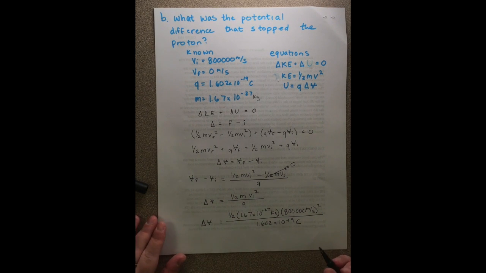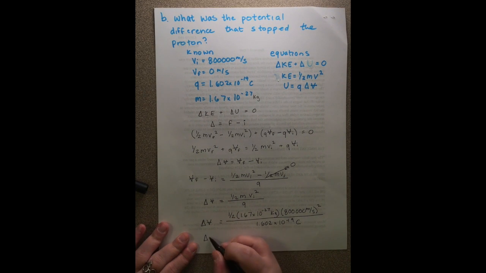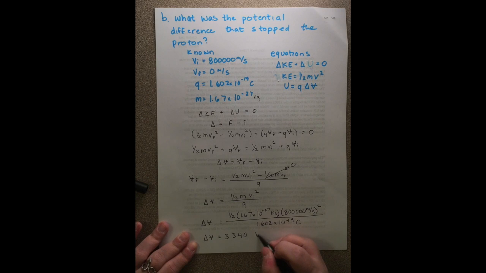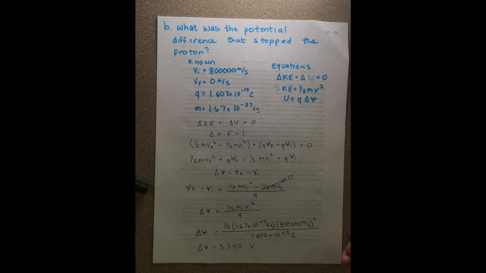And then solving numerically, we find that this change in potential is 3,340 volts. I'm now going to show how we derived this unit of volts.